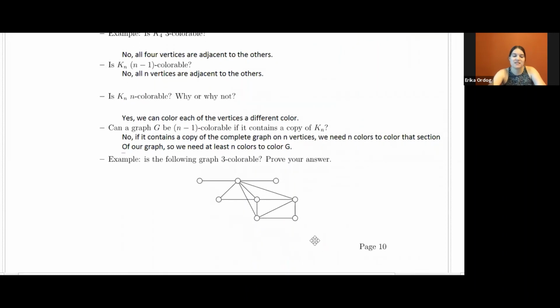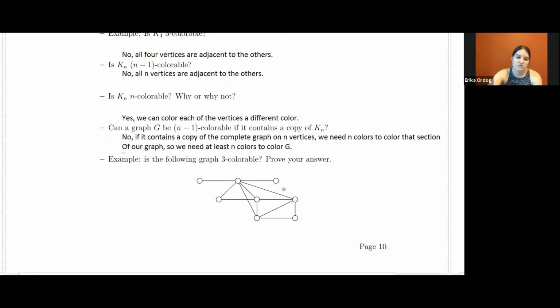So we get to our last example for the day. Is the following graph 3-colorable? And prove your answer. So why don't you pause and think about that for a minute. Okay, so now that you're back, let's talk about it. So you want to go first off of your instinct for this one.